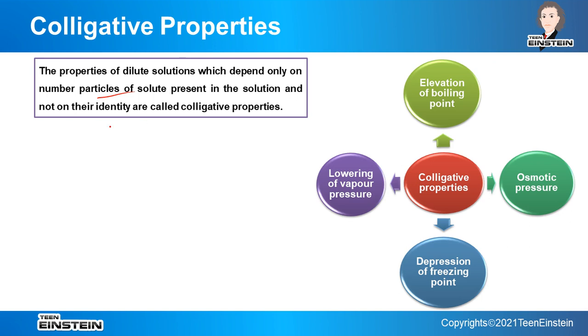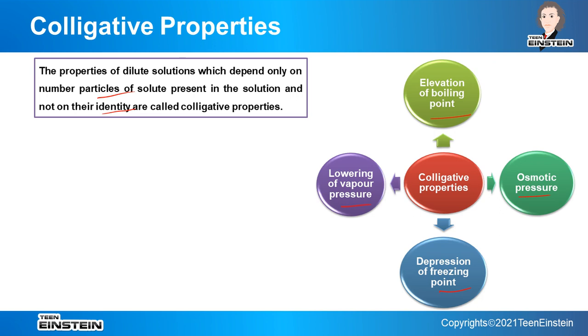So the identity of the solute is not important. These types of properties are known as colligative properties. Now under colligative properties we will discuss a total of 4 types, which are elevation of boiling point, lowering of vapor pressure, depression of freezing point, and osmotic pressure.